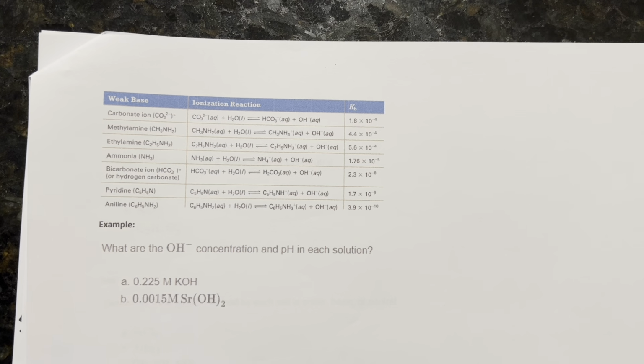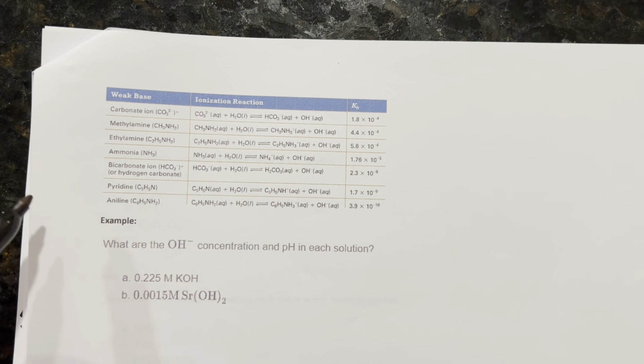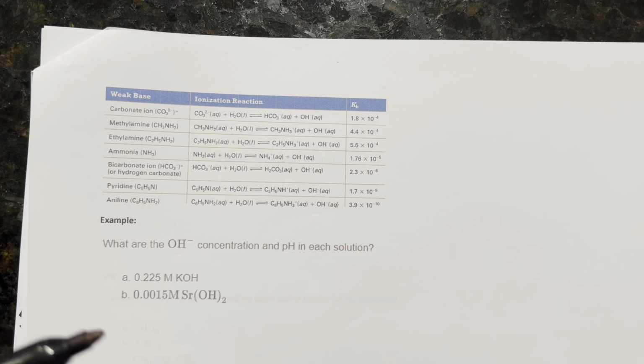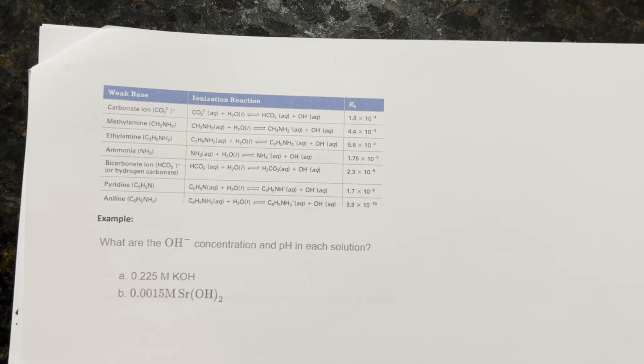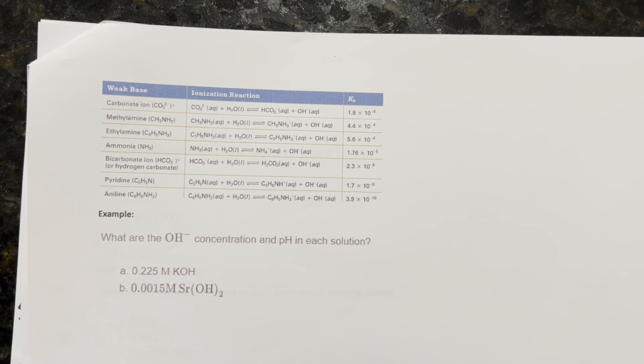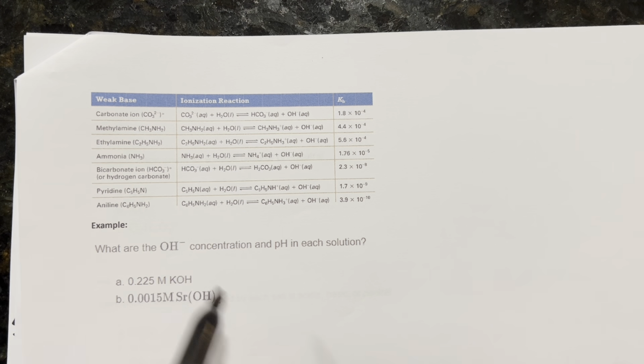What these do is they will accept H plus, but not a whole bunch, just like a weak acid will give off H plus, but not very well. Same thing with OH minus. By the way, strong bases with OH minus just give off OH minus really, really well.